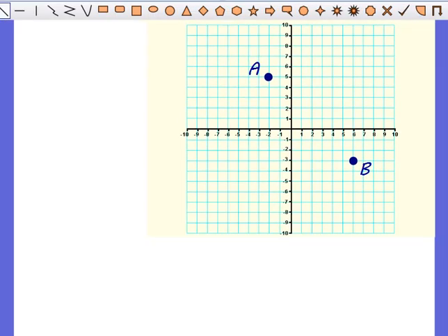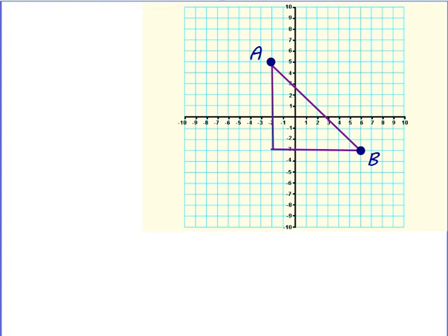Let's try it with another example. I'm looking for the distance from A to B. I'm going to create a right triangle going from point to point. So now I can count side B and side A, my two legs.